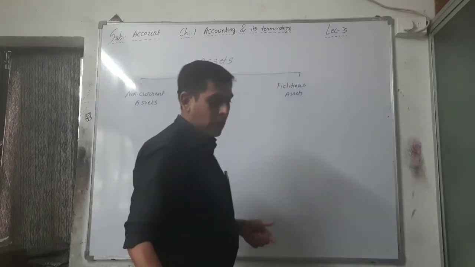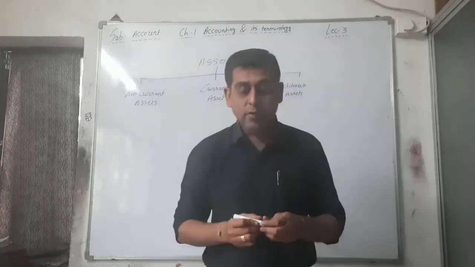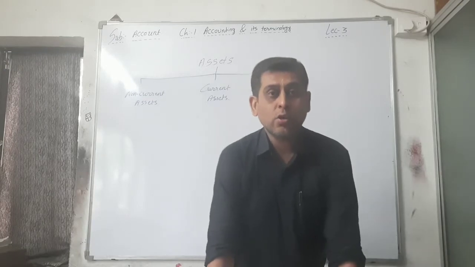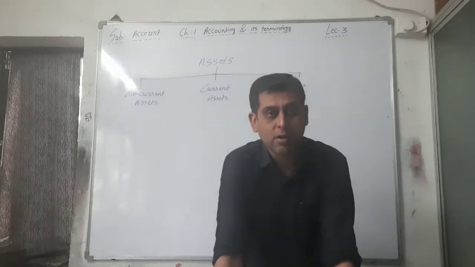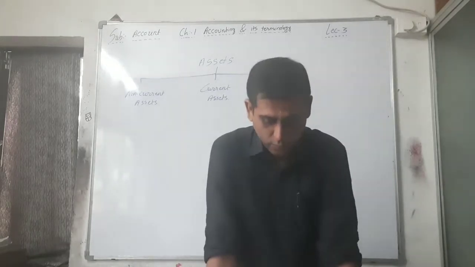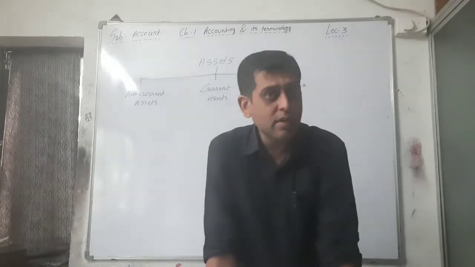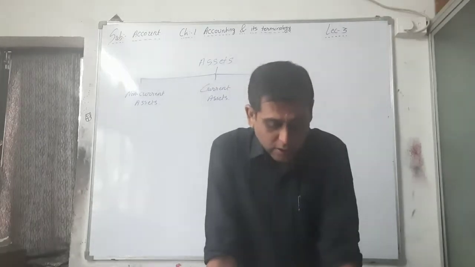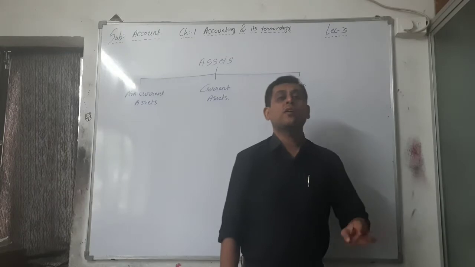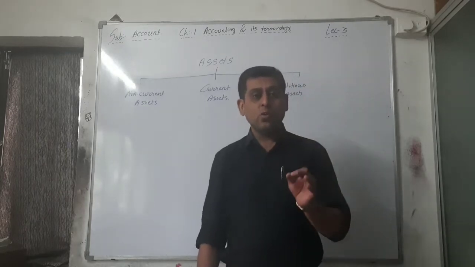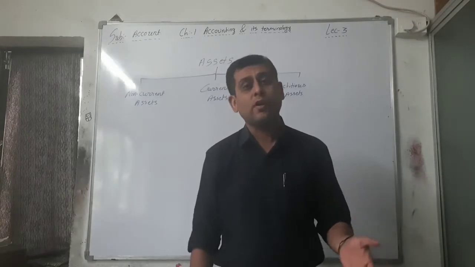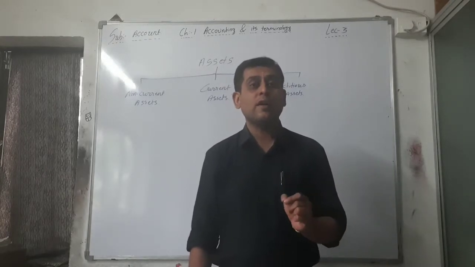Current and non-current are familiar words for you, because there is also a current liability and a non-current liability, which was our last point. What does that mean in relation to time? If you have to pay within a year, that is your current liability. If you have to pay after 1 year or more than 1 year, then it is your non-current liability.